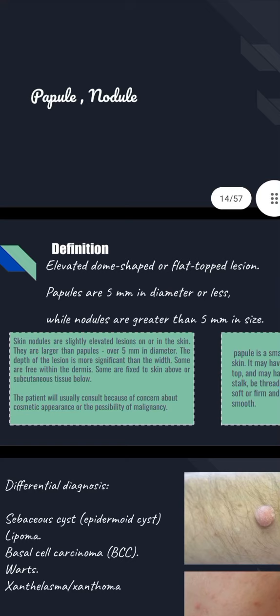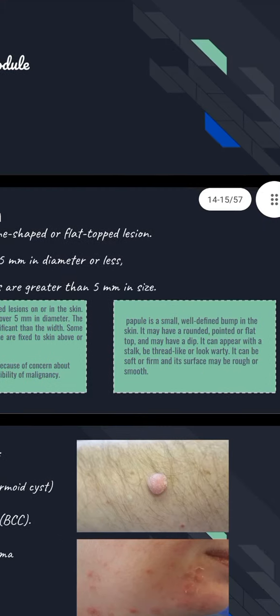They are larger than papules, over 5 mm in diameter. The depth of the lesion is more significant than the width. Some are free within the dermis, some are fixed to skin above or subcutaneous tissue below. The patient will usually consult because of concern about cosmetic appearance or the possibility of malignancy.